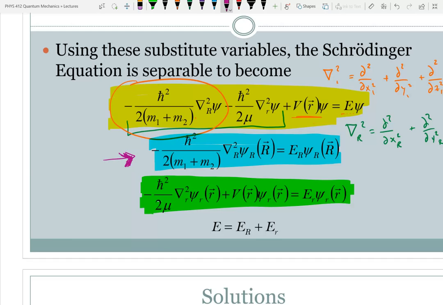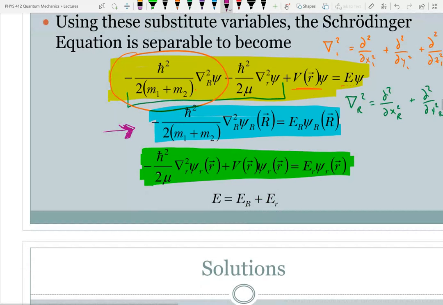It doesn't have it. So we just have del squared of this thing is equal to a constant times psi. That one's not hard to find the solution for. And then this other one is actually the problem that we've already found the solution for. We've already found the solution for potential energy is 1 over r squared. And so this one we've already done the solution for.